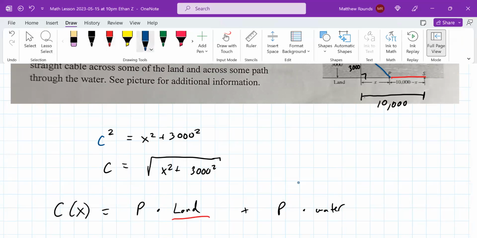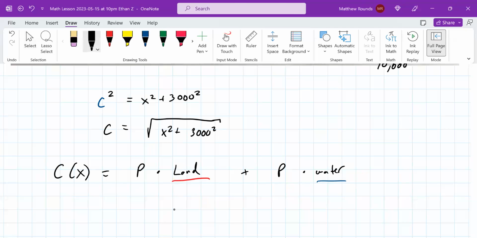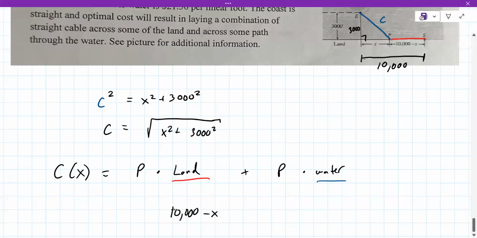Is that okay conceptually? They're telling you the land length is 10,000 minus X, and the price to run it on land is 11.5. The water is more expensive, and that length is the square root of this here.